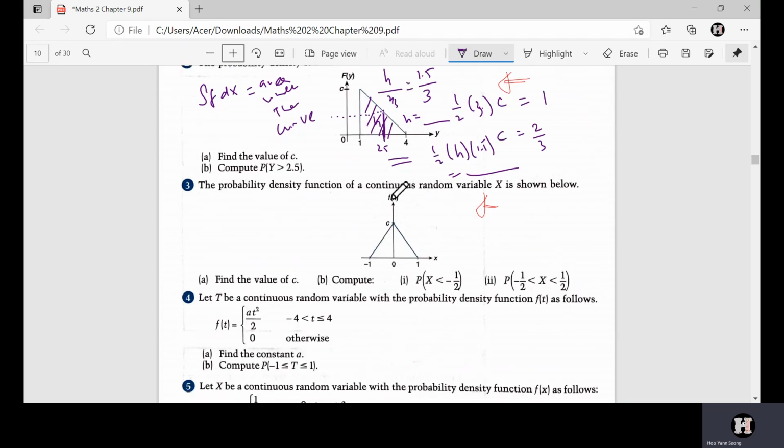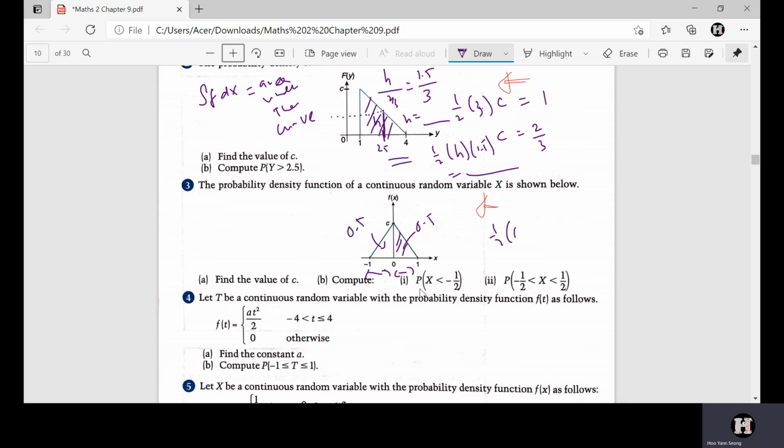The same thing happens for this one. Don't get confused by this negative, because as long as you find the area, this is 1 and this is also 1. So you already know this is 0.5 and this is 0.5.